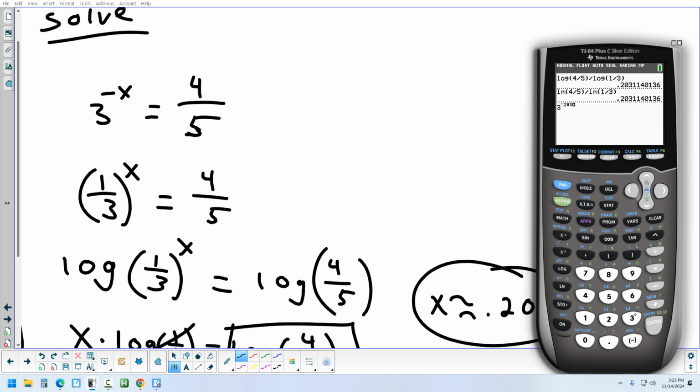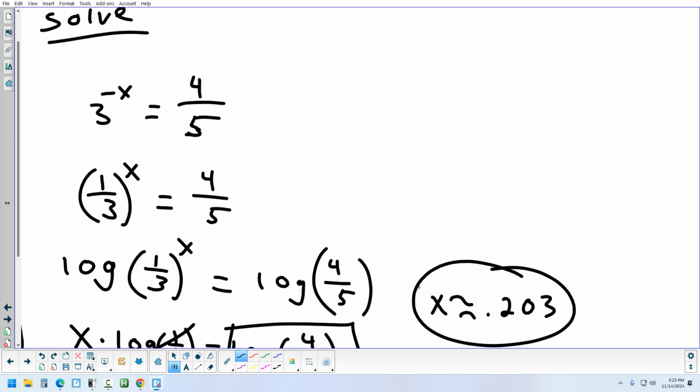I'm even going to go a little bit more accurate, 0.203114. And what do I basically get? 0.8. And if you take 4 and divide by 5, that's 0.8. So that's how you can check your answer. All right, so that's solving an exponential equation.